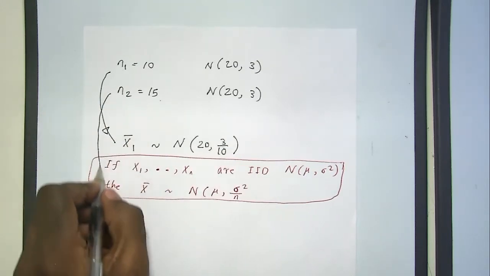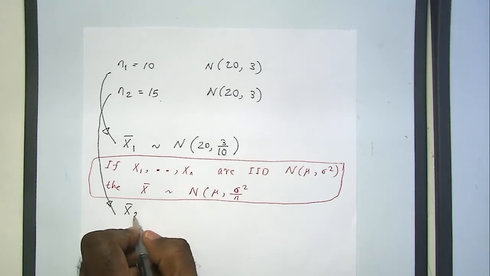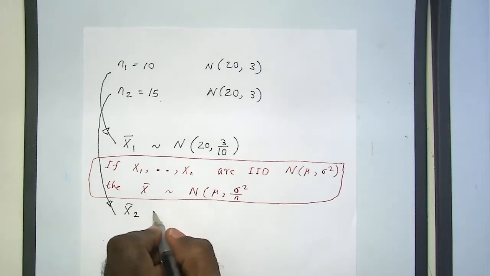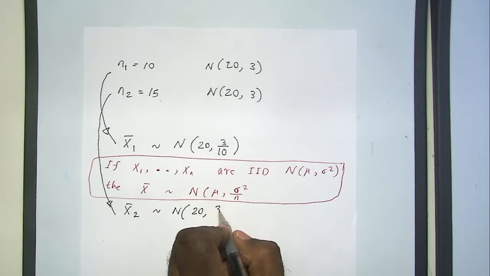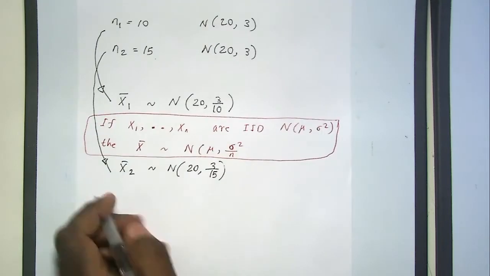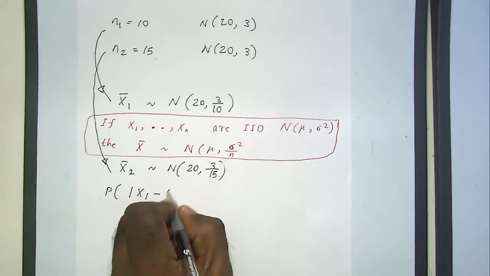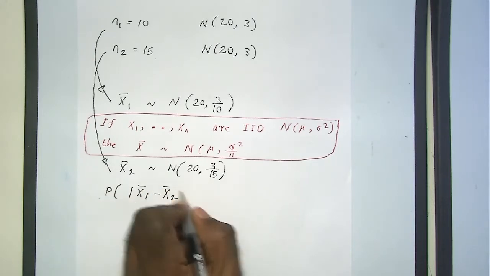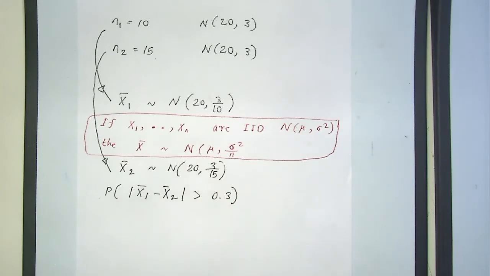And if x bar 2 denotes the sample mean for the second sample, it will be 20, 3 over 15. The question is to find the probability that the absolute difference between the two is greater than 0.3, right?